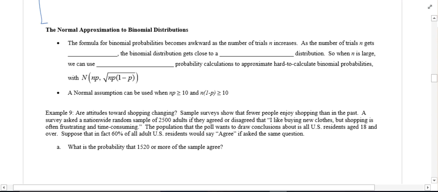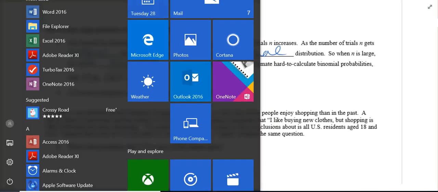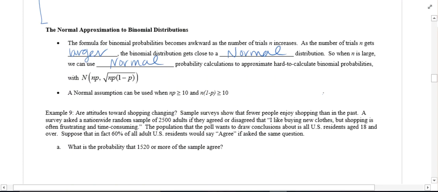So as the number of trials n gets larger, the binomial distribution gets close to a normal approximation. And so when n is large, we can use normal probability calculations to approximate hard to calculate binomial probabilities.